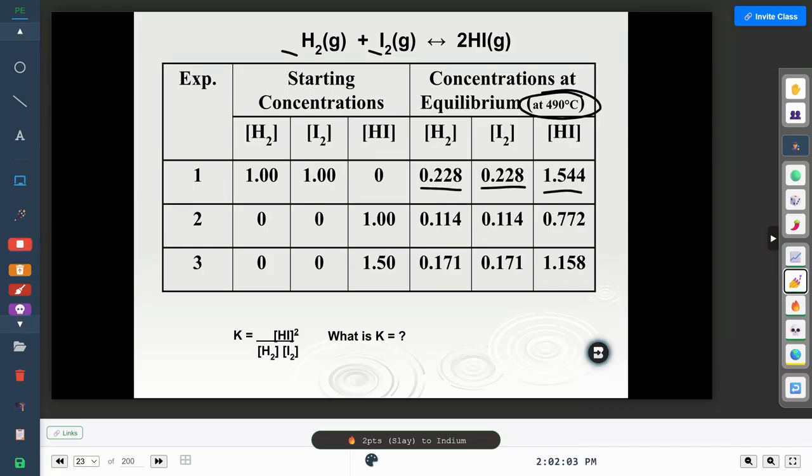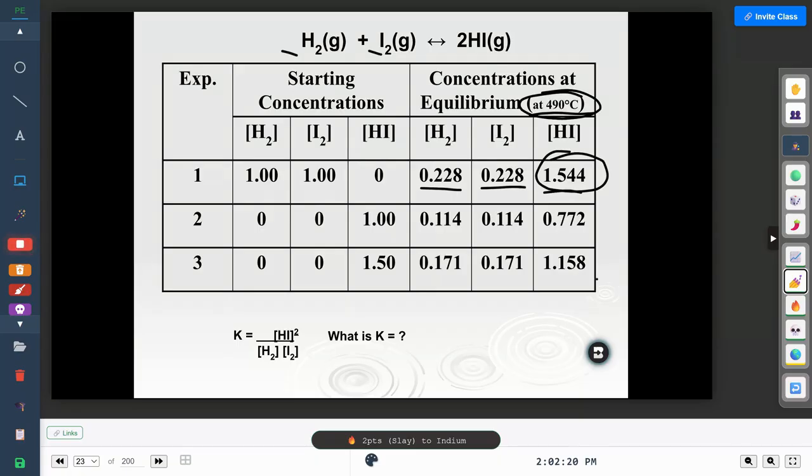And we see that if we start with all reactants, we end up with more product. It's a product-favored reaction at 490 degrees Celsius. And we can figure out what our K is at this one, and at this one, and at this one.